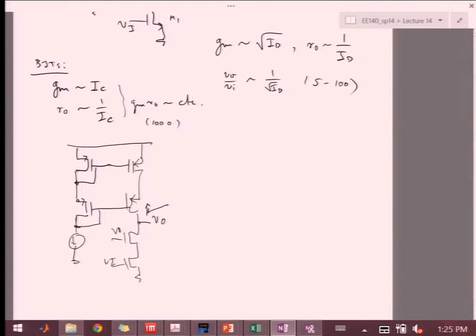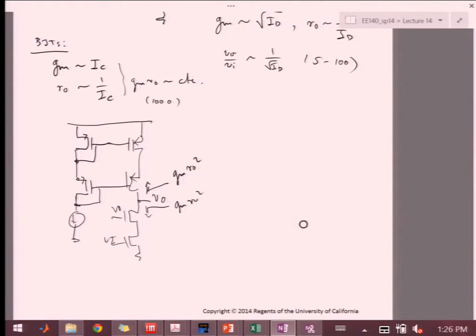Okay, it's proportional, but there's another factor, right? Anybody remember? Roughly. For all these cascoded devices, what's the output resistance? And then looking down, we have a similar thing, right? So then our total gain would be what?